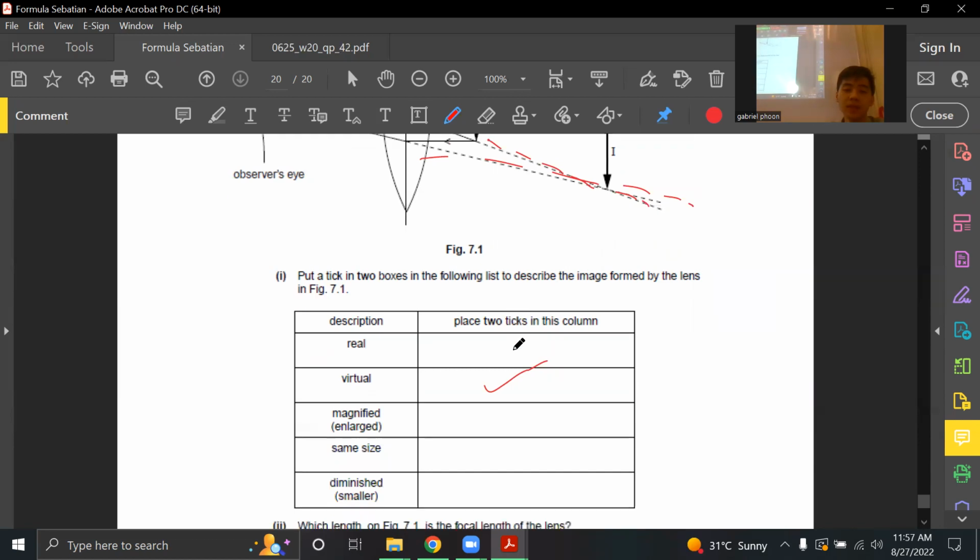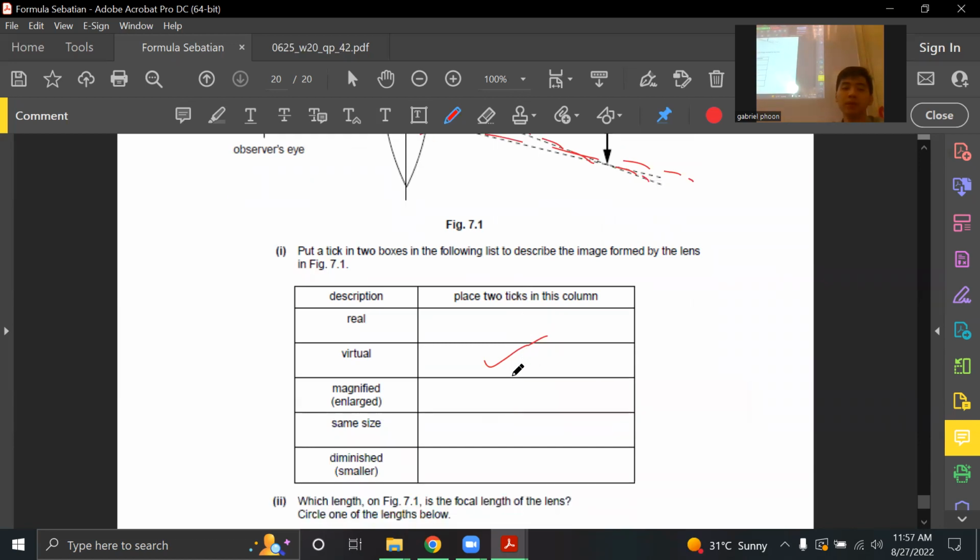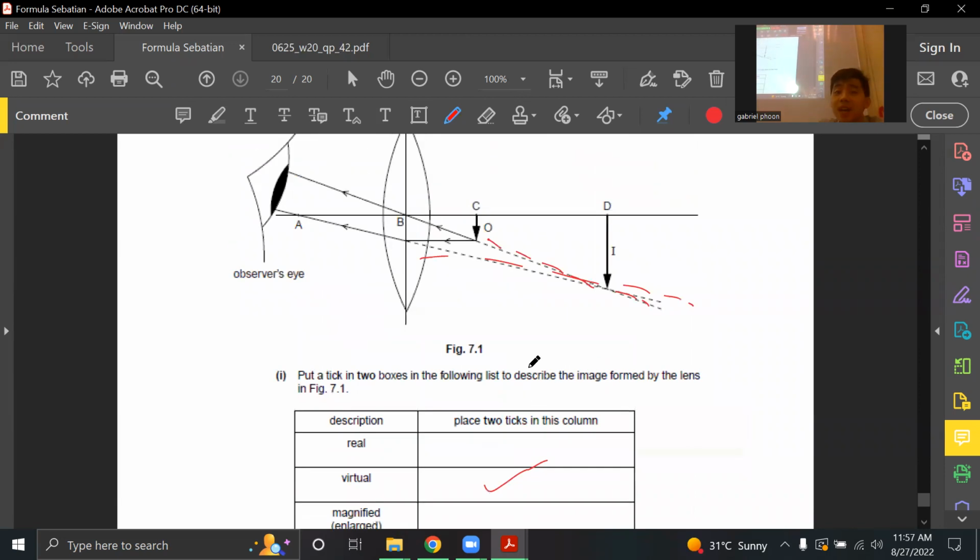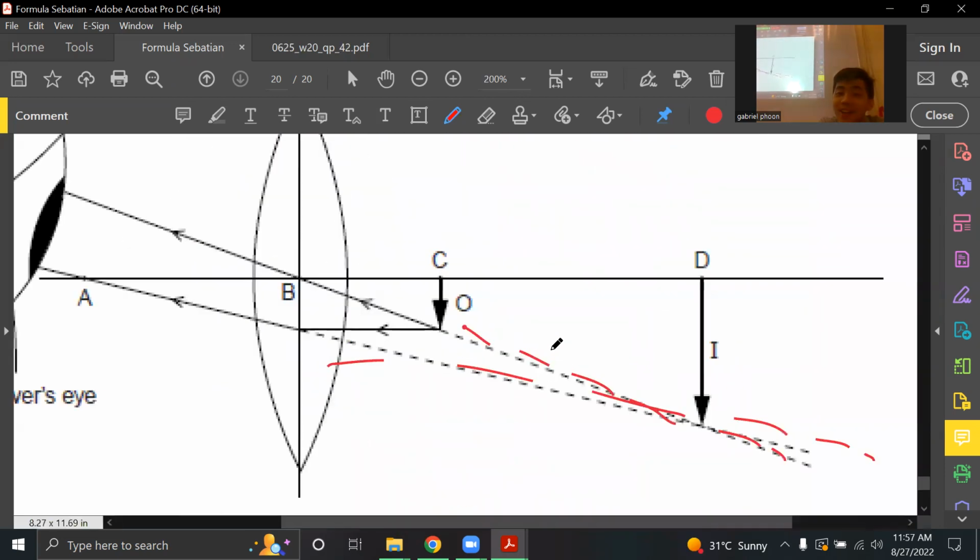Magnified, same size or diminished view. Same size, honey. This and this is the same size.